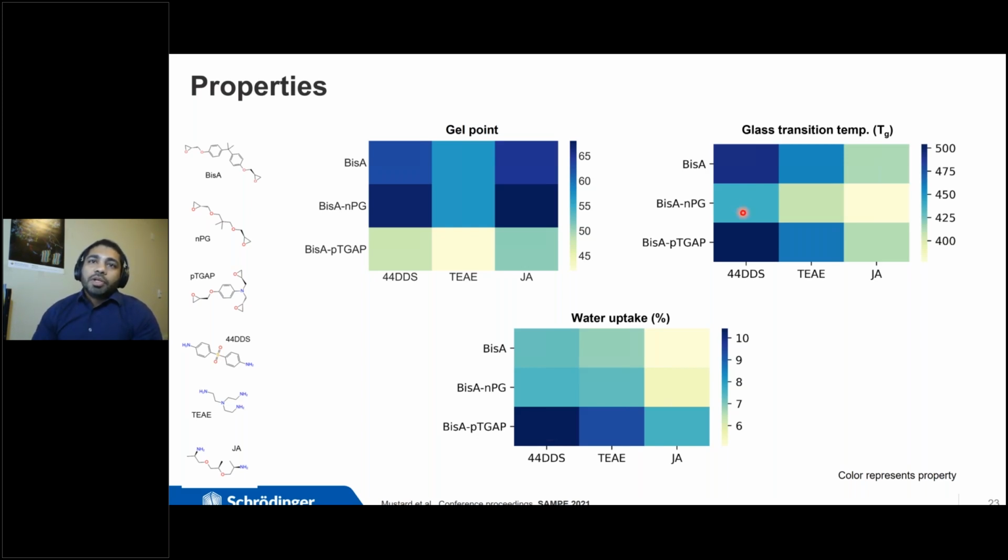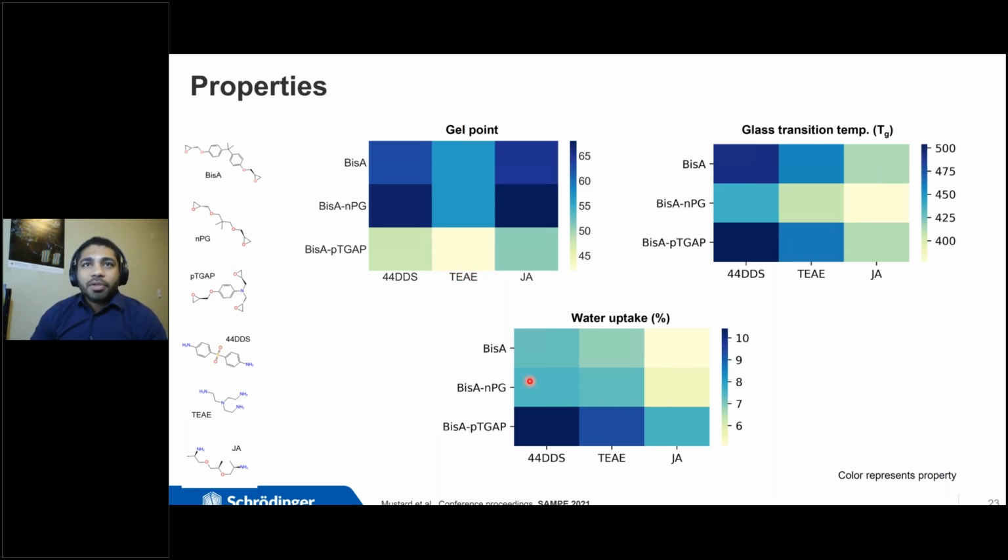In terms of glass transition temperature, this particular system with PTGAP and FOFO-DDS appears to be very attractive. However, it also shows a high amount of water absorption, so that might not be the best candidate for this application. So depending on the application and the requirements, we can pick the right candidates based on these systematic studies.